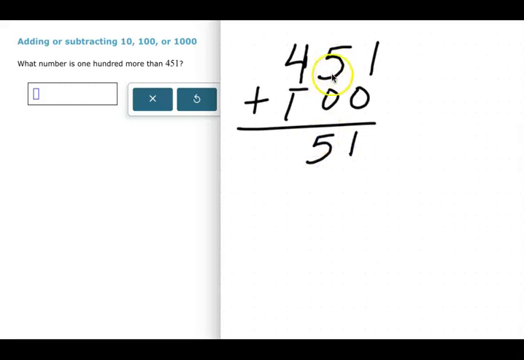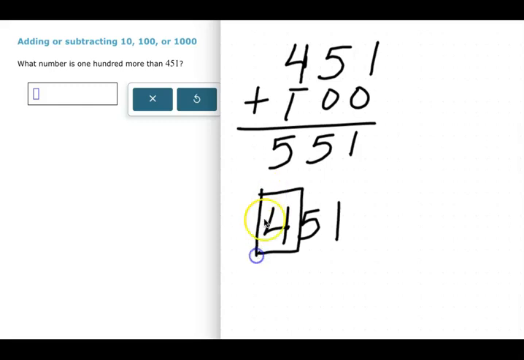Notice those numbers don't change, but the hundreds position increases by 1. So if I have the number 451 and I want to add 100 to it, I'm adding a 1 to the 100 spot, and that's why I end up with 551.